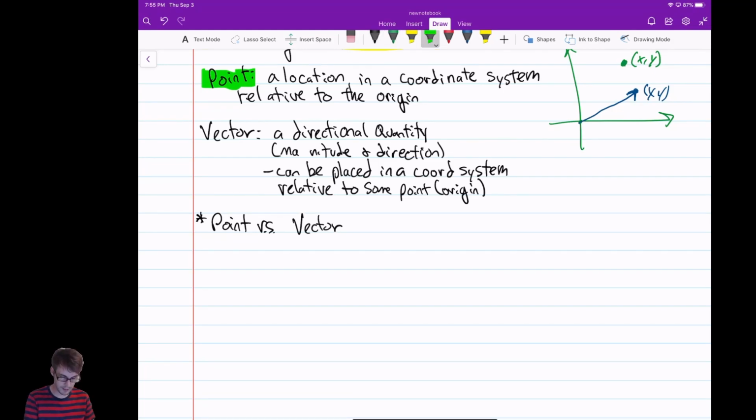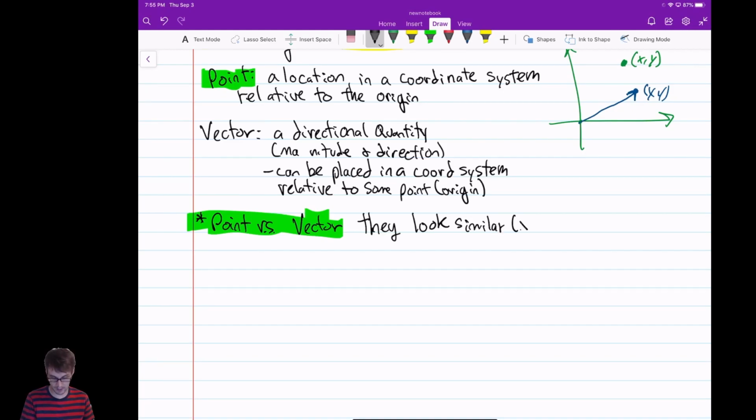People get these intermixed, and if you do anything advanced with vectors, you're going to make this mistake. They look kind of similar, right? There's an x, there's a y, but they're not the same thing, and they're not interchangeable.